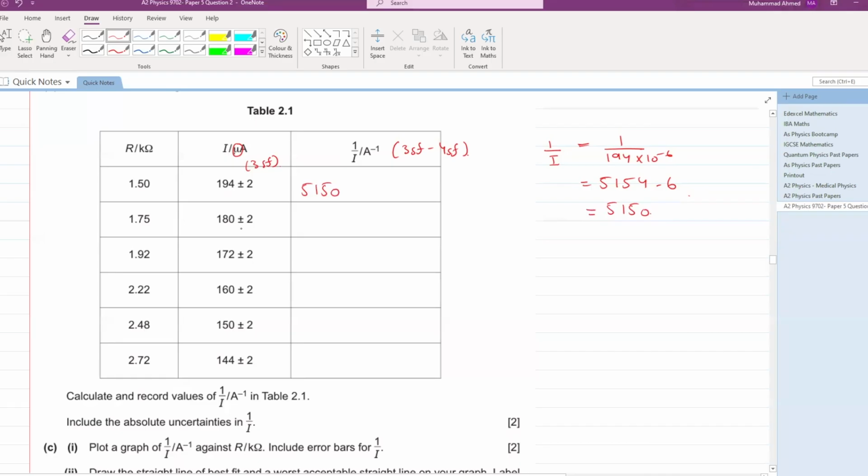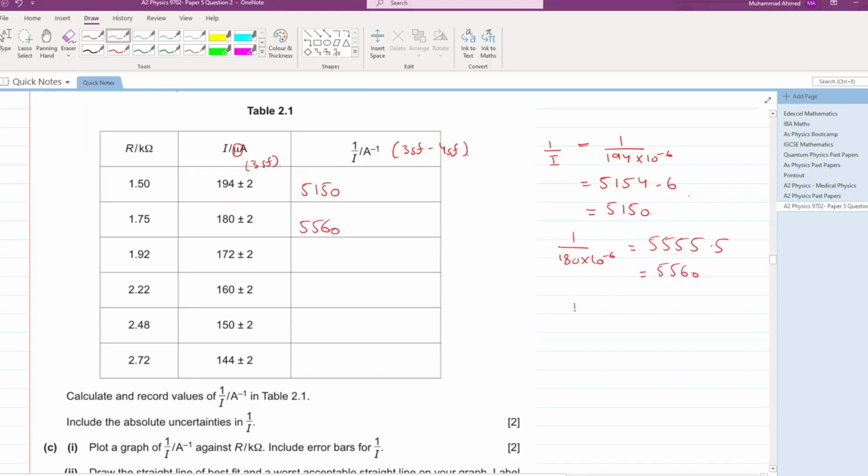Perfect. Let's calculate it for the second row as well. 1 over 180 into 10 raised to the power of minus 6 comes out to be 5555.5. You can restrict it till three significant figures. This will become 5560. Perfect. Let's write it here. 5560.